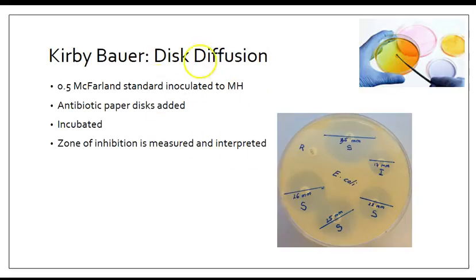So they're always done on Mueller-Hinton, and you make an inoculum and you streak the plate to put the organism on there. You add antibiotic paper discs, which are what these are, and then you incubate it and then you measure the zone. These are all different types of antibiotics on this E. coli. So this is like amoxicillin and Cipro and Levaquin and whatever. Again, this is called the Kirby-Bauer method.